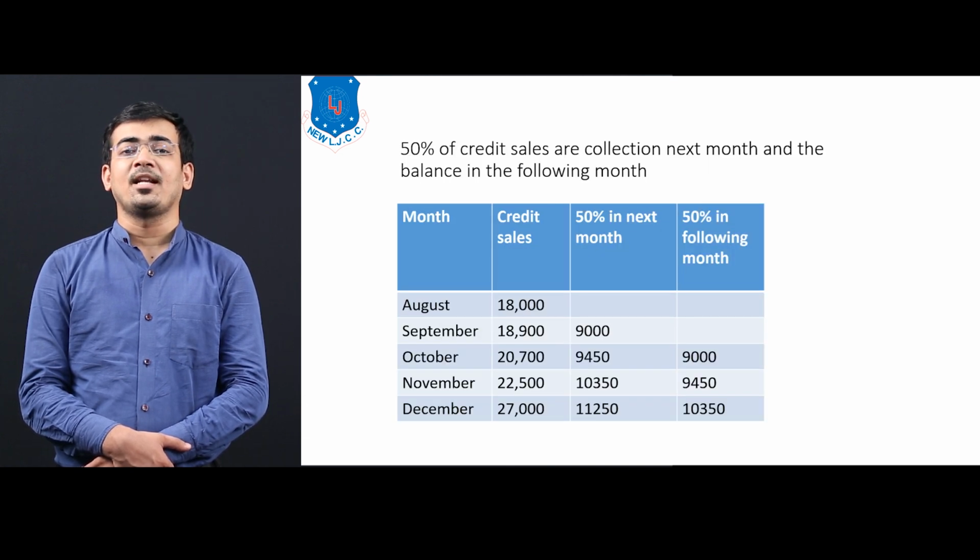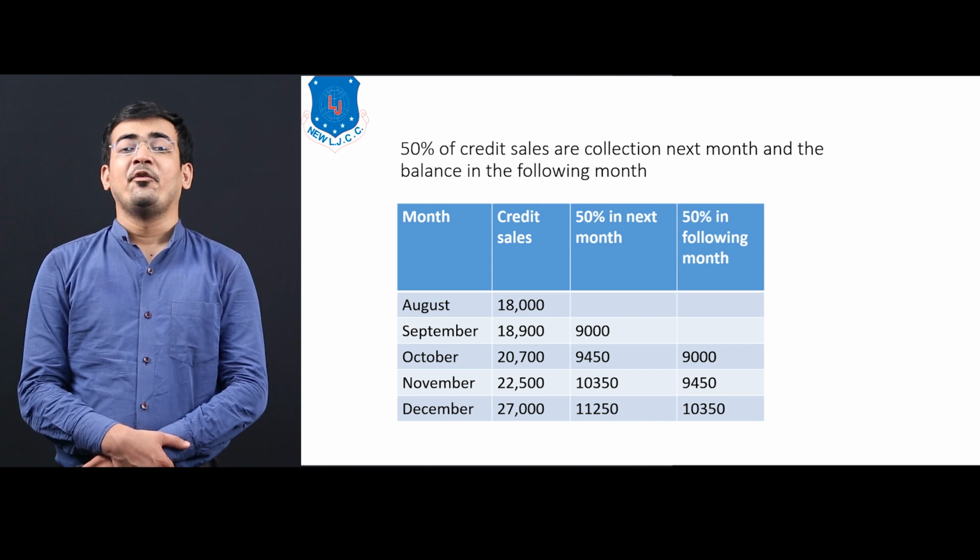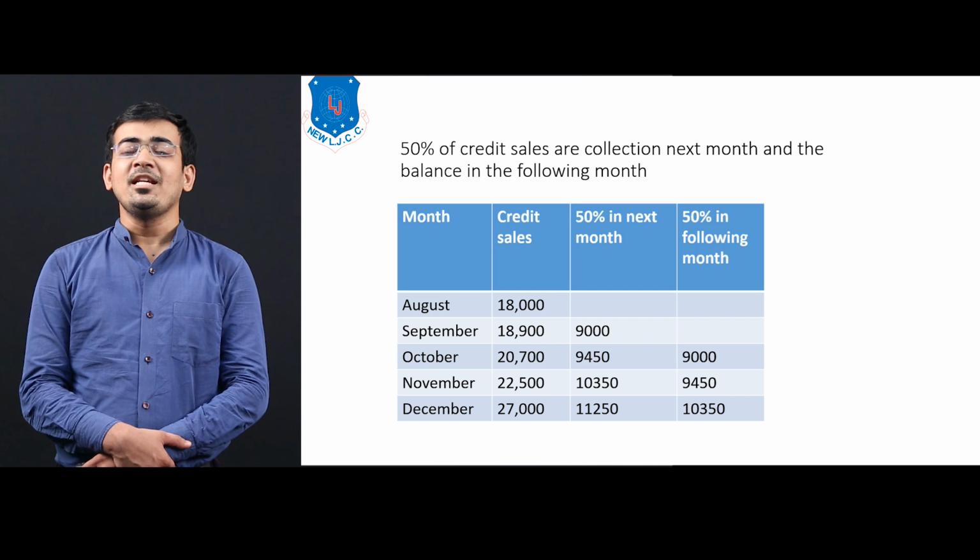Now we will bifurcate like this: months August, September, October, November and December. We have written credit sales. Now we see 50% in the next month, that is 50% of the August sales in the next month, September, 9,000 rupees, and the remaining 50% in the next to next month, that is October. So of the 18,000 of August, we will receive 9,000 in September and 9,000 in October.